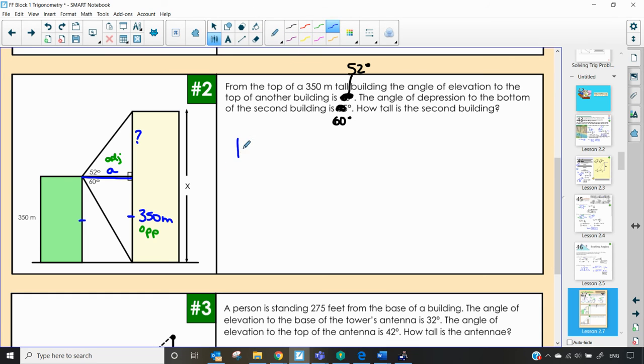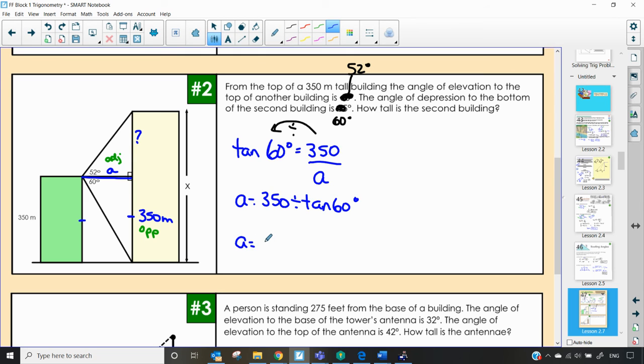So tan of 60 degrees is opposite, which is 350, all over A. Solving this, we're going to have 350 divided by tan of 60. So A is going to equal 350 meters divided by tan of 60 degrees.